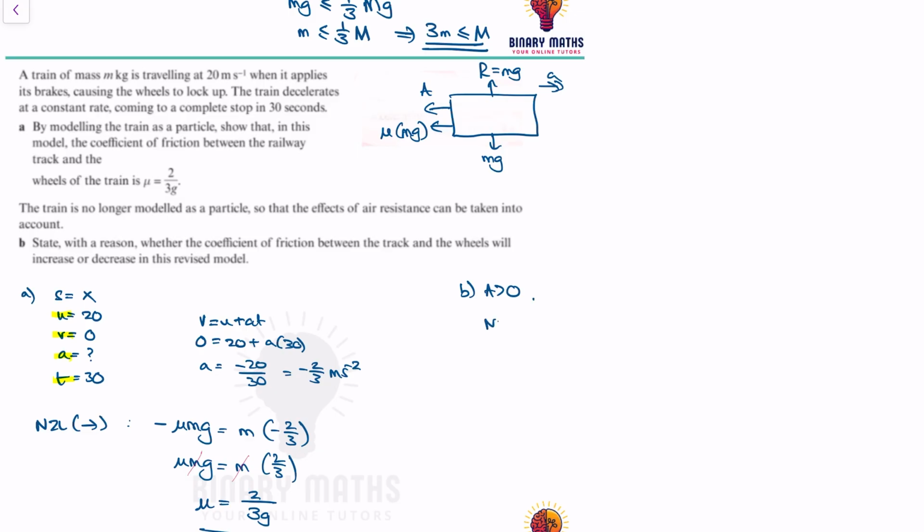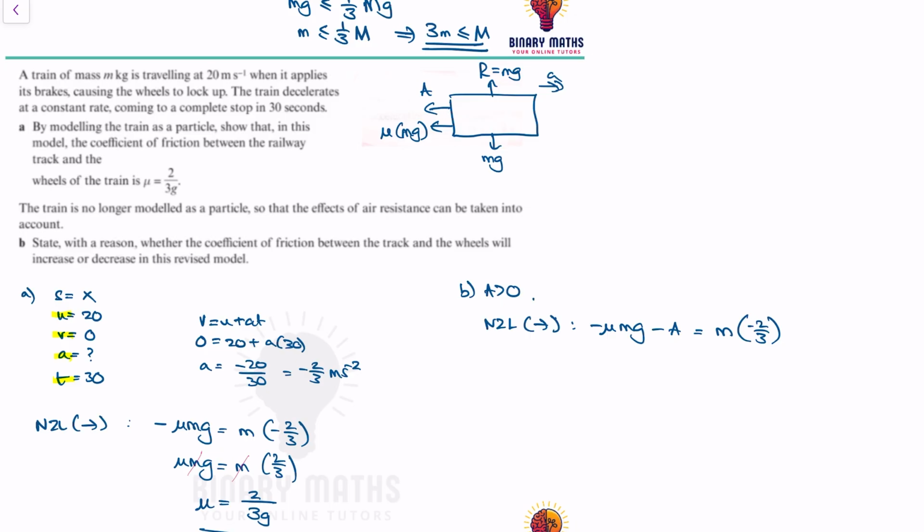So if we apply Newton's second law now horizontally, then we get negative mu times mg minus A must be equal to mass times acceleration, which is equal to minus 2 over 3.